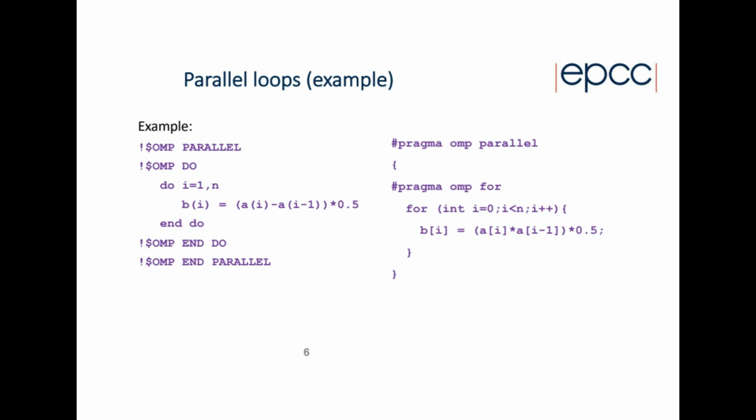So it's a nice independent parallel loop. We always need to be inside a parallel region in order to create the threads. And then we can put in Fortran a do directive, or in C and C++ a for directive, in front of the loop. And that will mean that the loop iterations get shared out between the threads rather than every thread executing all the iterations of the loop.